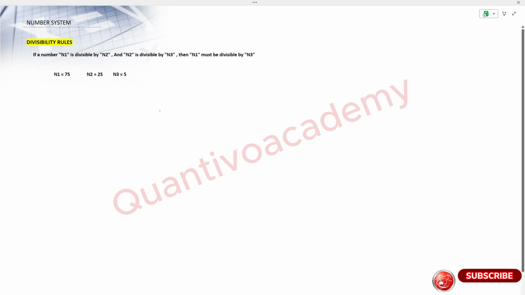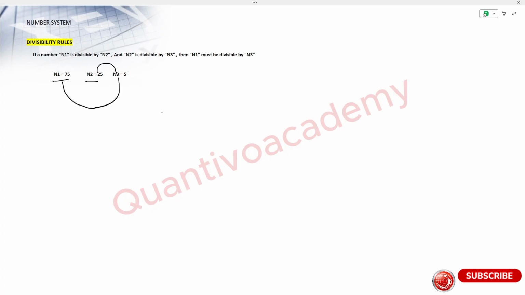The next divisibility rule is: if a number n1 is divisible by n2 and n2 is divisible by n3, then n1 must be divisible by n3.